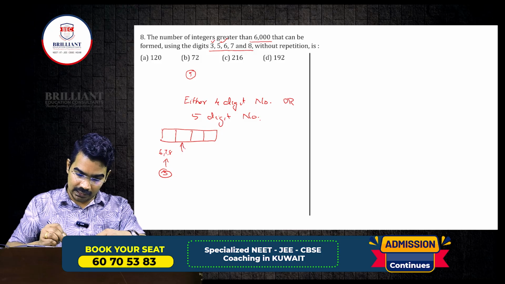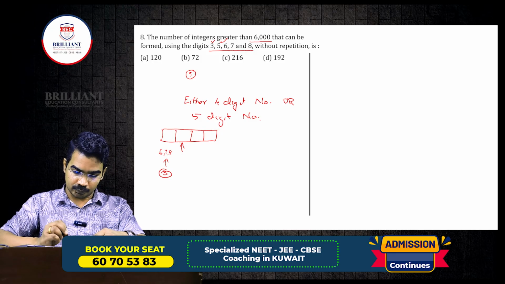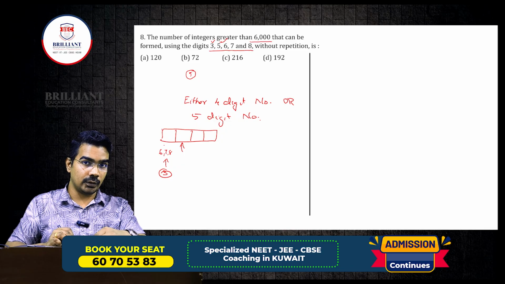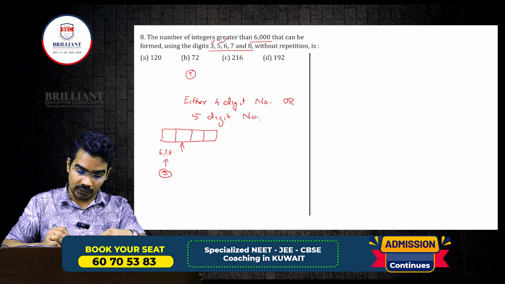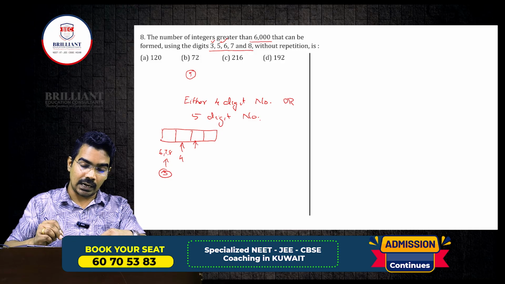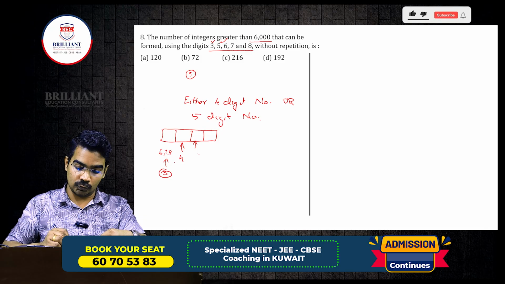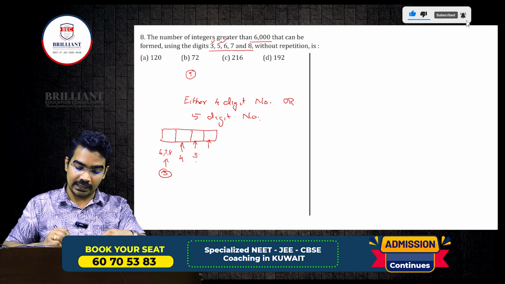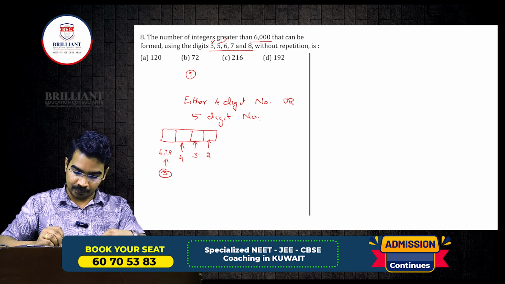For the remaining you can use any. First digit is already used. Repetition is not allowed, so it will be 5 minus 1, that is 4. For the hundreds or the tens place, again 5 minus 2, 2 are used, so it will be 3. For the ones place, you have 5 minus 3, that is 2.